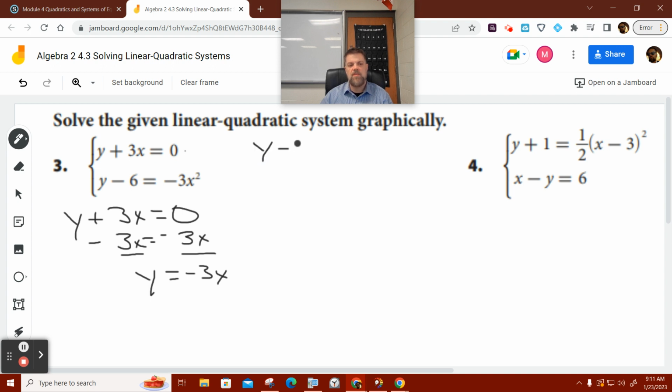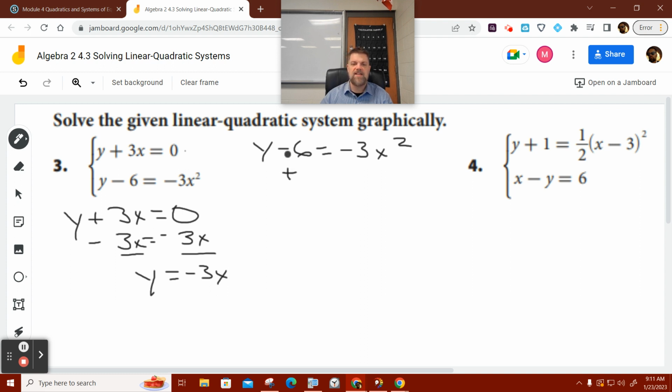So if I say y minus 6 is equal to negative 3x squared, in order for me to graph this on our graphing calculator, I need to get y by itself. This 6 is what I need to move away from the y. So because I want to move this negative 6 away, I do the inverse operation.